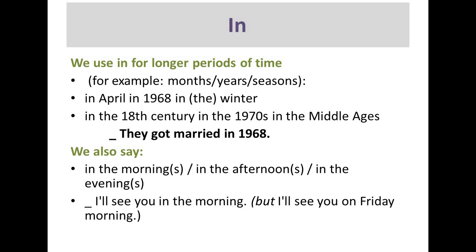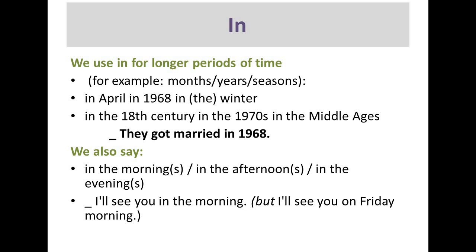And we can use in the 18th century, in the 1970s, in the Middle Ages. They got married in 1968. So here we use in to talk about longer periods of time: months, years, seasons.